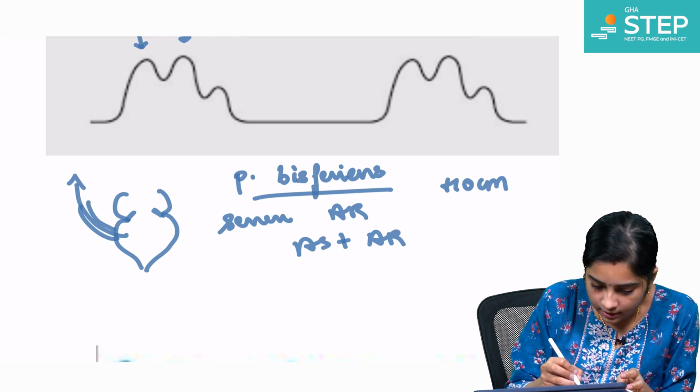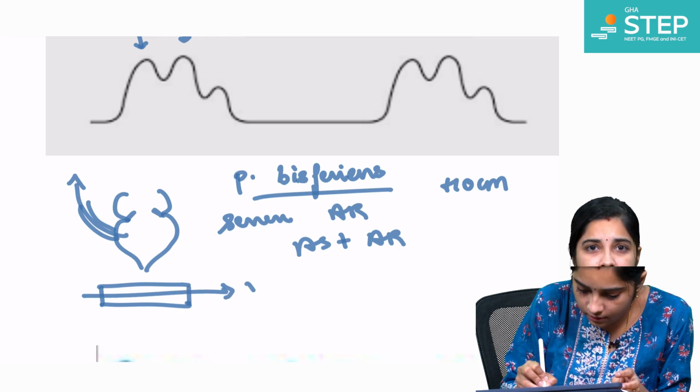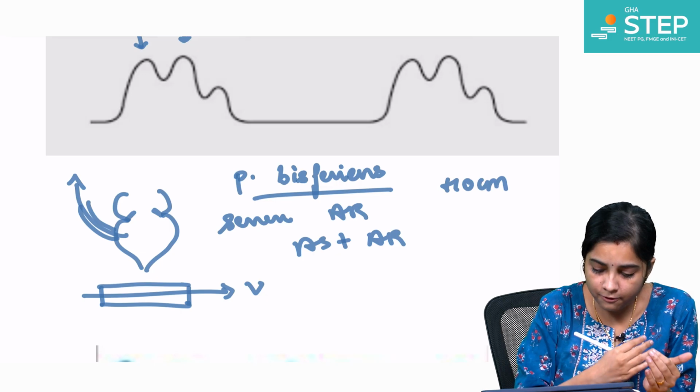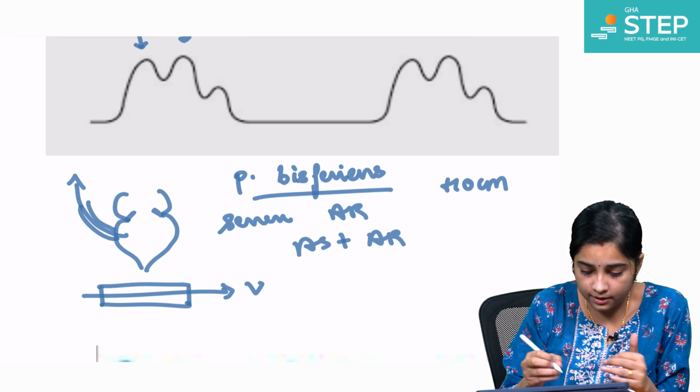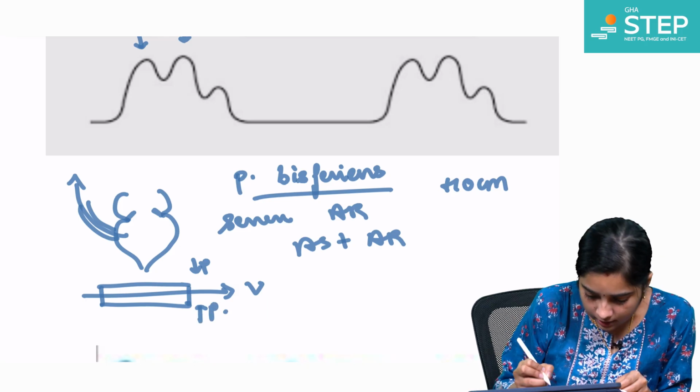So what happens is the blood is flowing at a high velocity. So according to this Venturi effect, when the blood flows in a high velocity, there is a drop in the pressure in the surrounding areas.